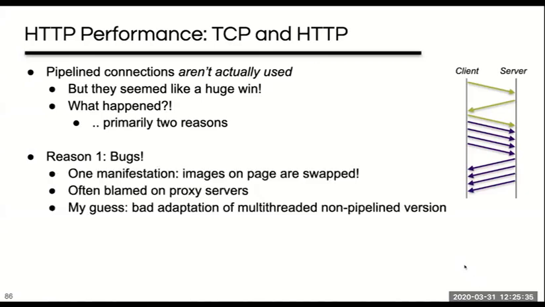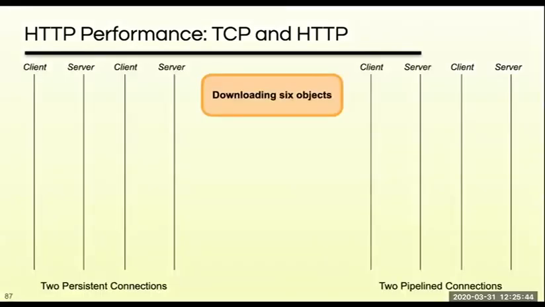And the second reason was what's called head of line blocking. What's head of line blocking? I'm glad you asked. So imagine you're downloading 6 objects using 2 persistent connections over here on the left.